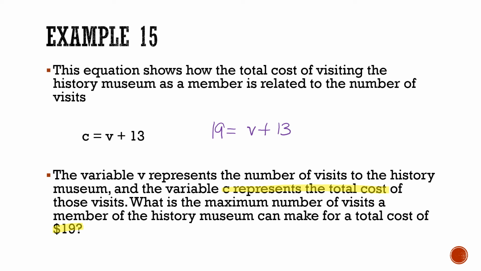We can assume that 13 was probably a membership fee. So we would minus 13, which leaves us 6. So the maximum number of visits for a total cost of $19 would be 6 visits.